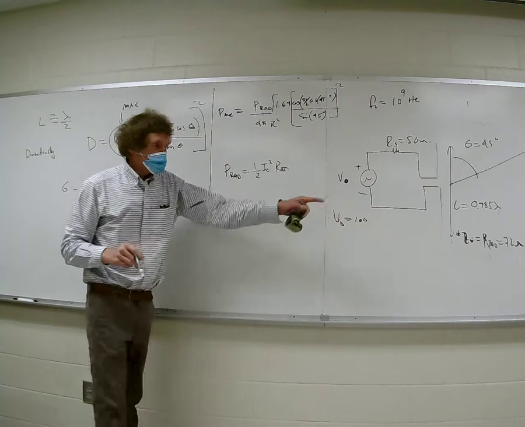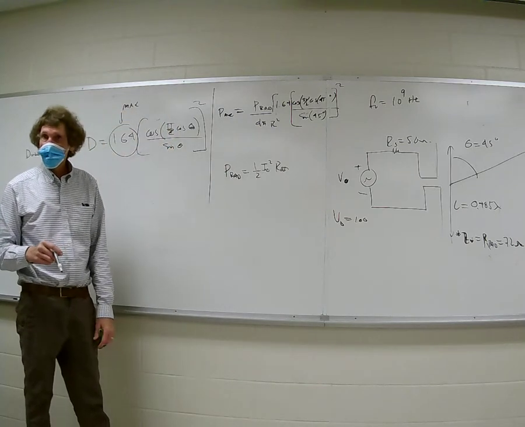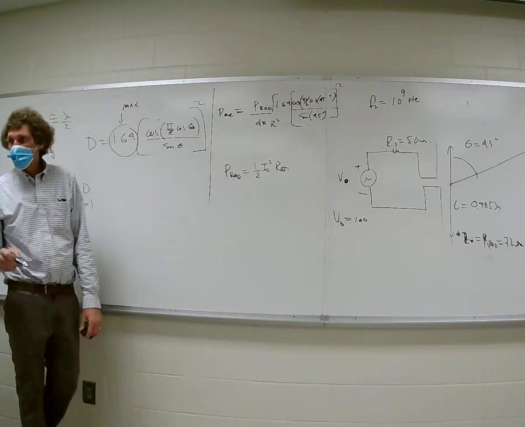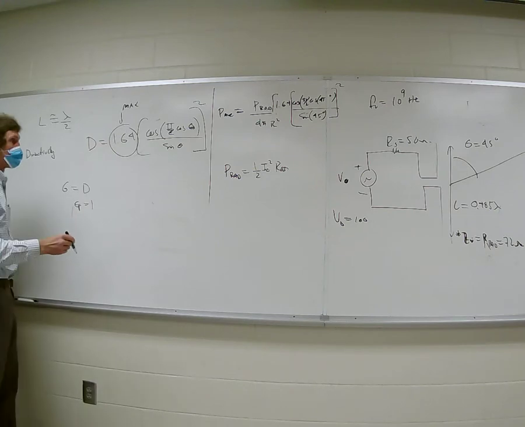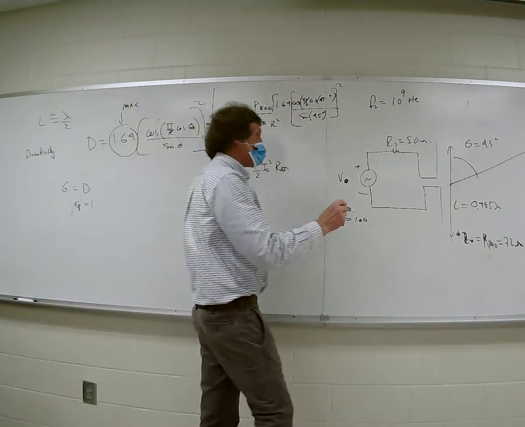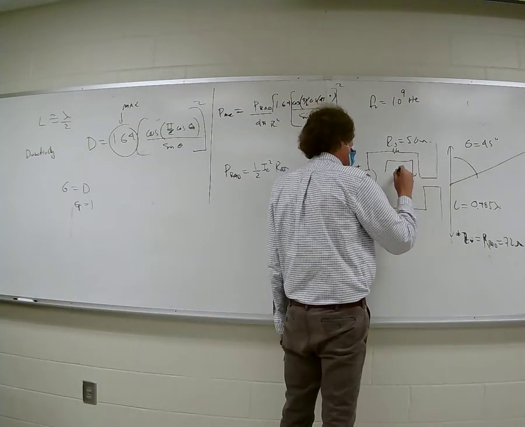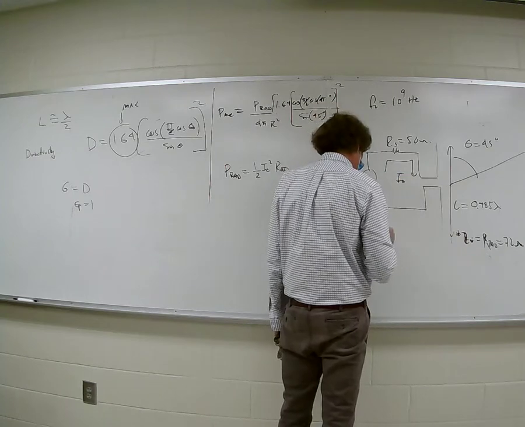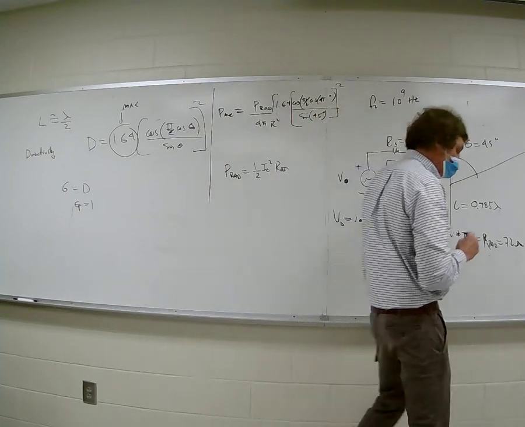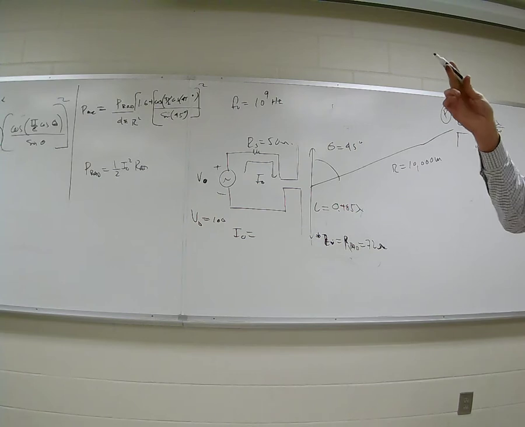Radiation resistance we've got, don't we? We need the current, don't we, class? How do I get the current? That would be the current flowing here. Wouldn't we just use Ohm's law since we have the voltage and the resistance? We've got 2 resistors in series, right? I don't have any reactance, thank God.